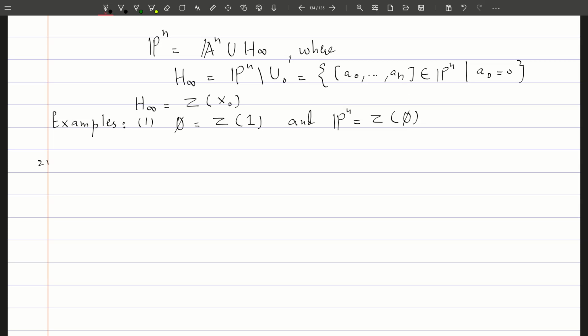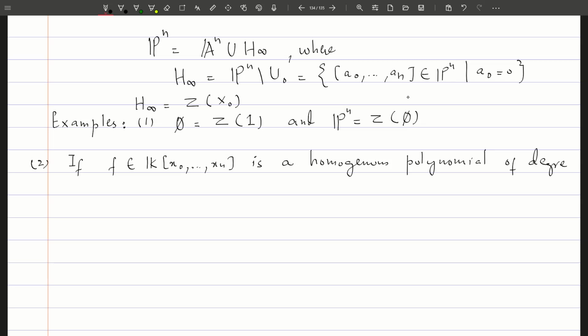Now we have example 2. Let us consider a homogeneous polynomial f in the polynomial ring k[x0, ..., xn], of degree 1.